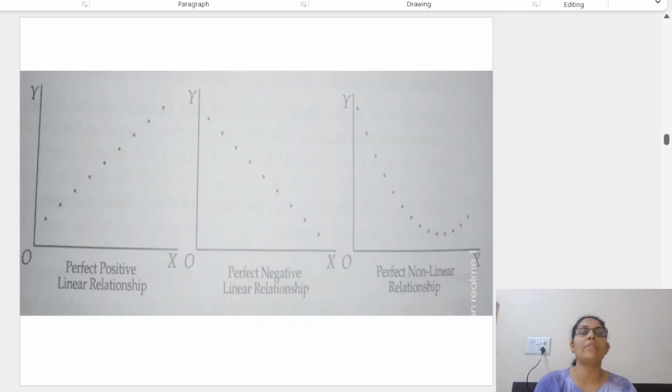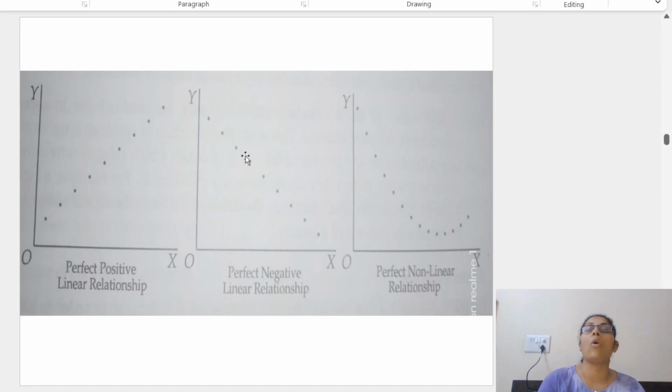Now, what is the difference between those diagrams and this diagram? Here also, in the first diagram, all the points go from left to right upward, but you can observe that all the points lie on a single line. If all the points lie on a single line, then you can say there is a perfect positive correlation.